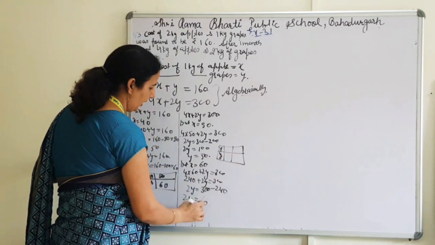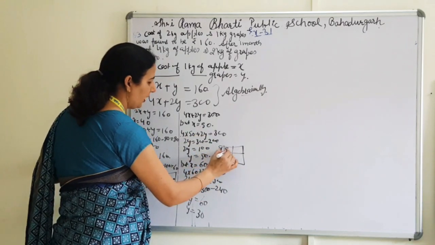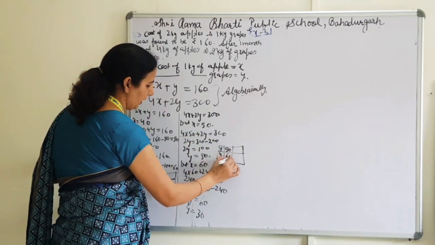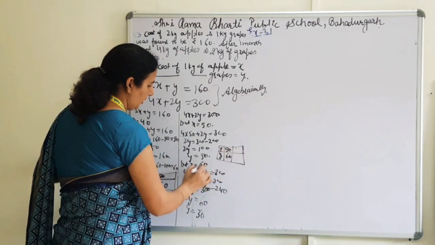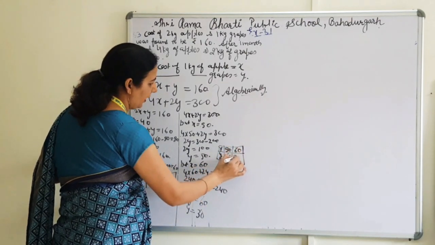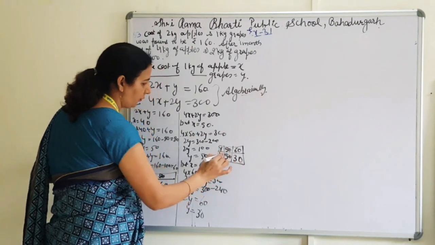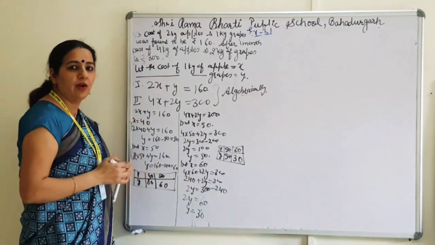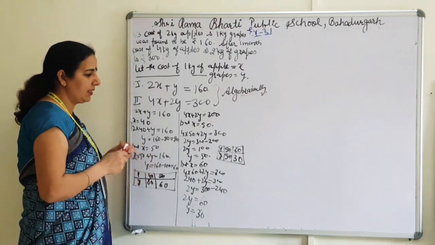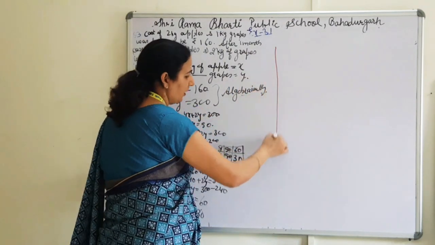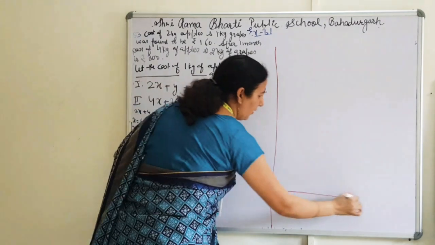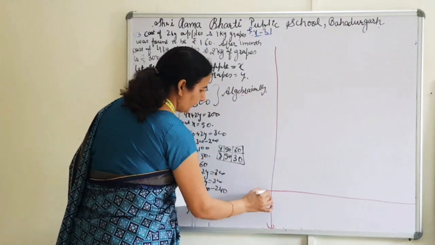So this is the table of this equation: x is 50, y is 50; x is 60, y is 30. Fine. Now we have to plot the graph of the same. So how will we plot the graph? By the same method.